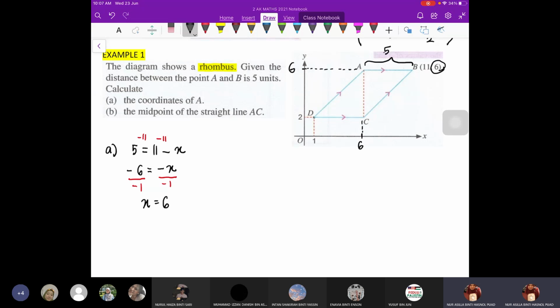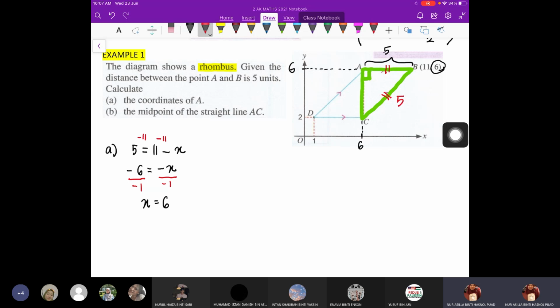Alright. So, apa yang kita boleh conclude is, since AC dia adalah parallel to the y-axis, and AB ni adalah parallel to the x-axis, jadi kita ada satu right angled triangle here. Okay, di mana AB is equals to BC.